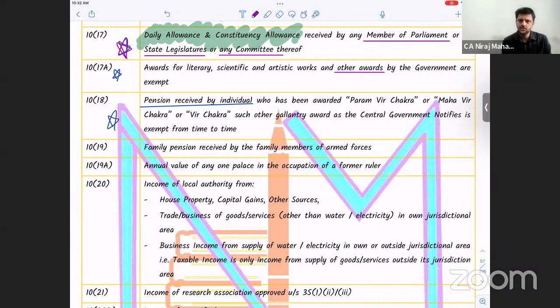So 10-17, 10-18. Understand now. Pension received by an individual. Pension obviously is earned by individual only, not by firm, HUF, etc. Pension is given after retirement. So by an individual, but that individual was given Paramveer Chakra, Mahavir Chakra, or Veer Chakra, such as a gallantry award. Gallantry means bravery.